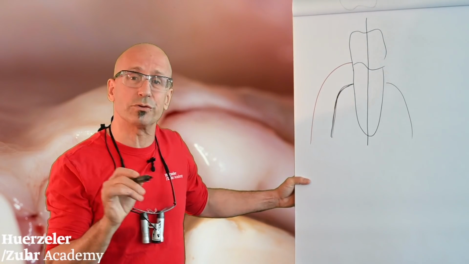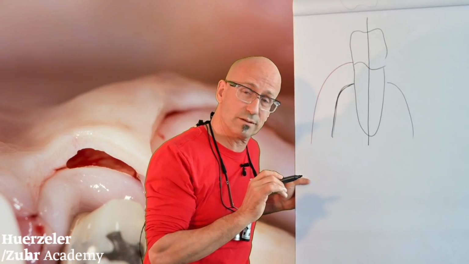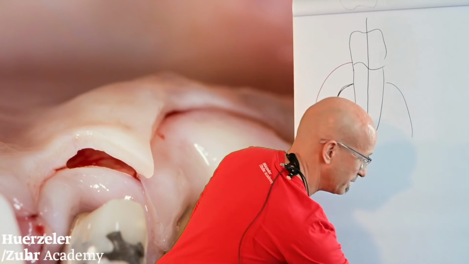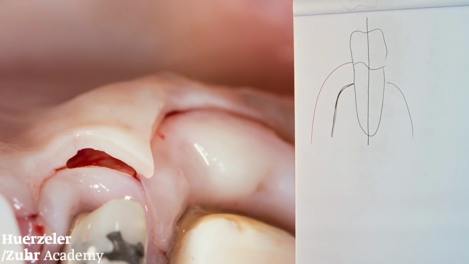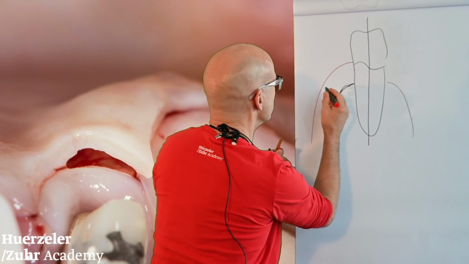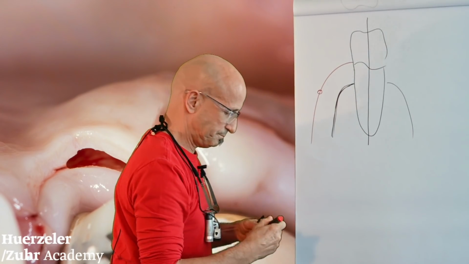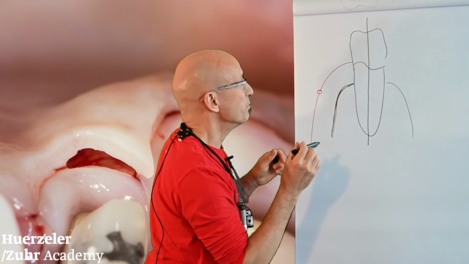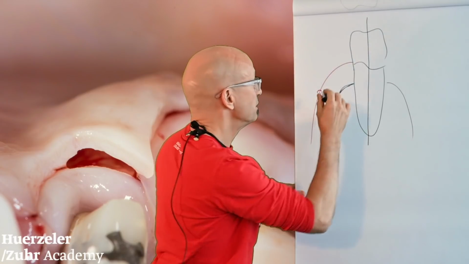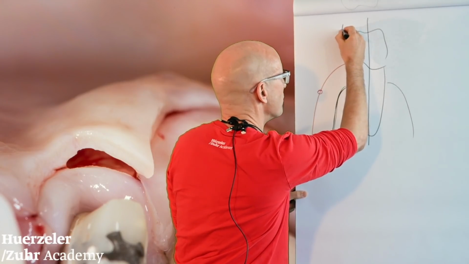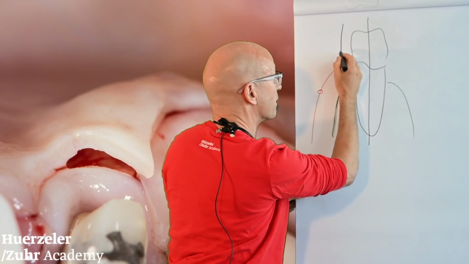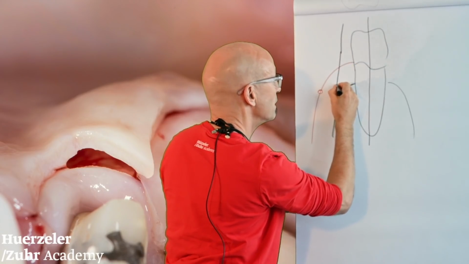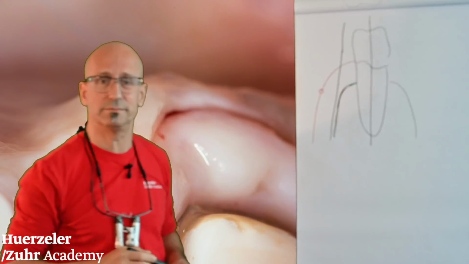So you are going to do an incision where you prepare, let me also mark the mucogingival junction here. You go and try to be a little bit paramarginal and split here.